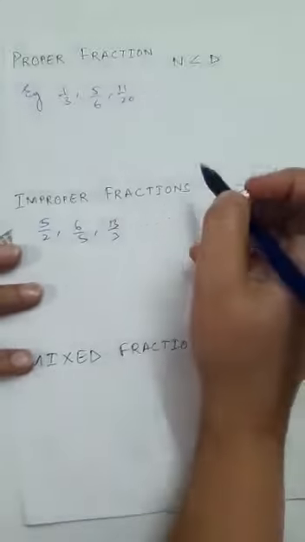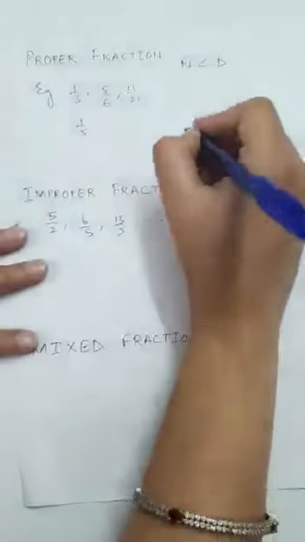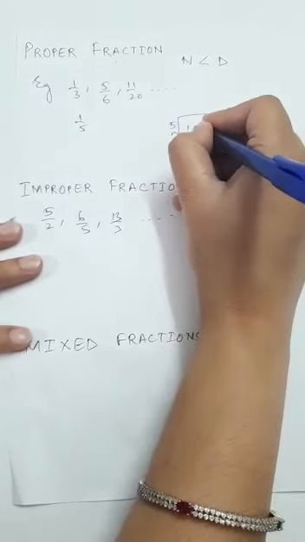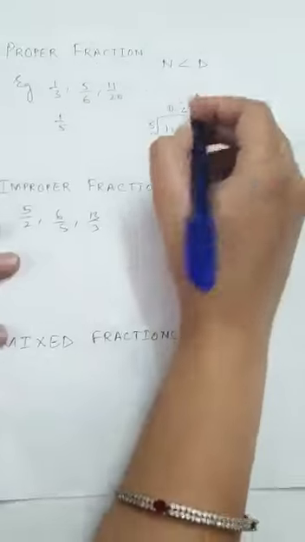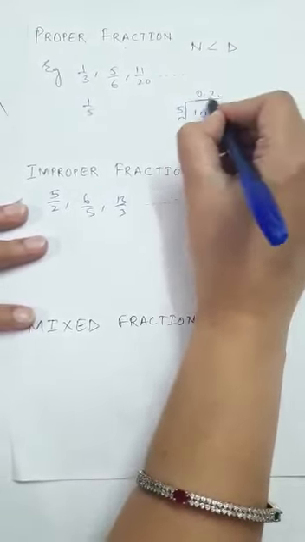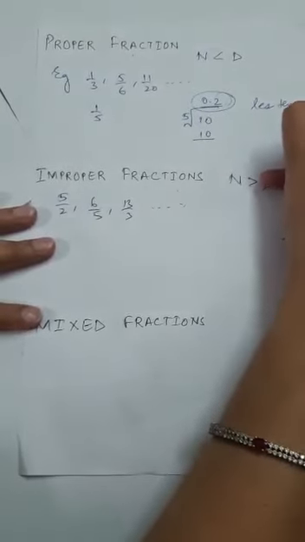When we perform a normal division, for example, 1/5, when you are going to divide like this, then your answer will always be less than 1.